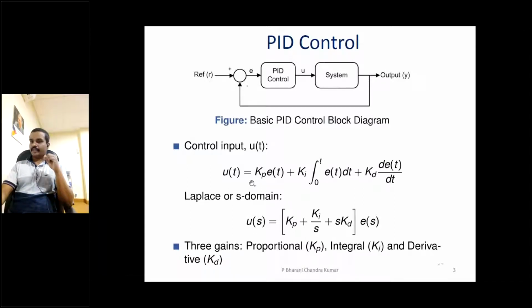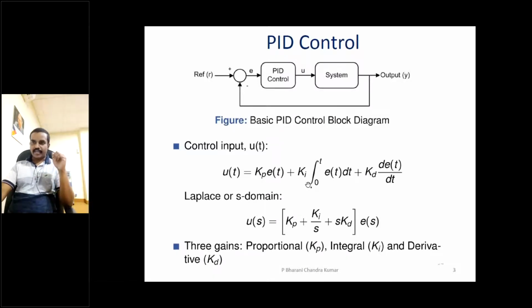I am assuming that Ki and Kd are zero. I am just discussing the P control. So the control input is directly proportional to the error, and the proportionality constant is nothing but Kp. That is for the P control.